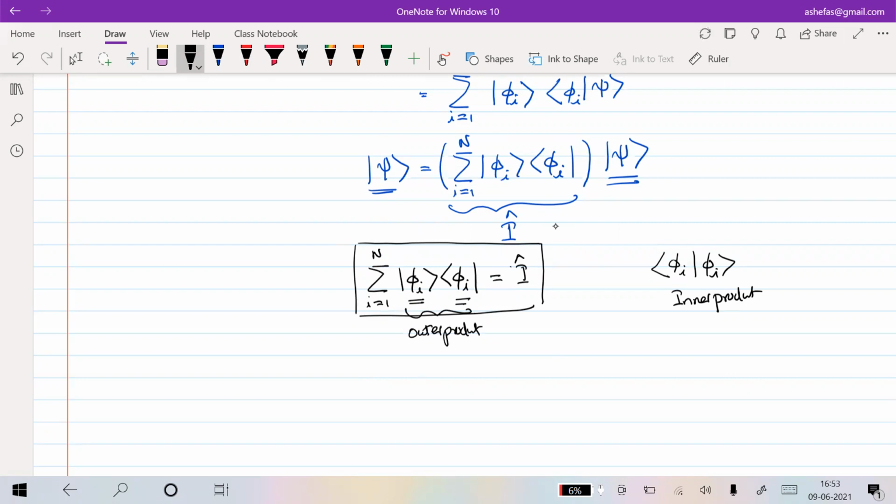Okay, so if a basis is complete, then its sum of outer products of basis vectors must be identity. So that is what is called the completeness, or that is the condition of the completeness of basis. So if this is true, then we can expand any vector psi in terms of the basis vectors, i equal to 1 to n.